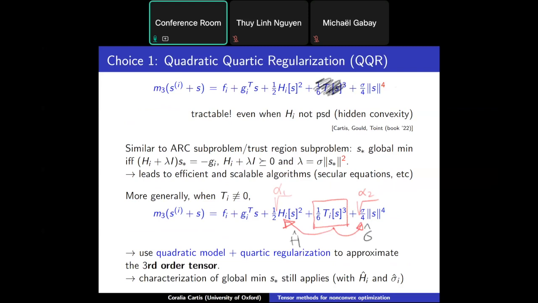So then the idea is, take this tensor. If this tensor is not too large, try to express it as a linear combination of the second and fourth order terms here.